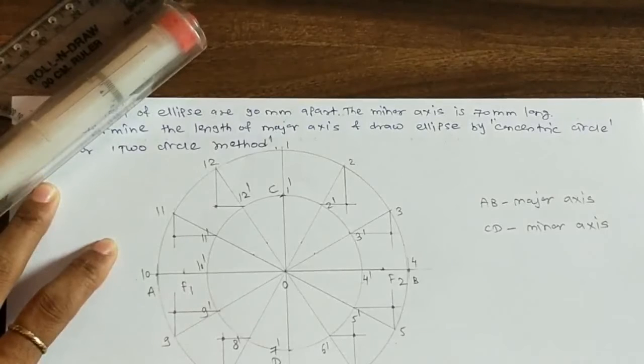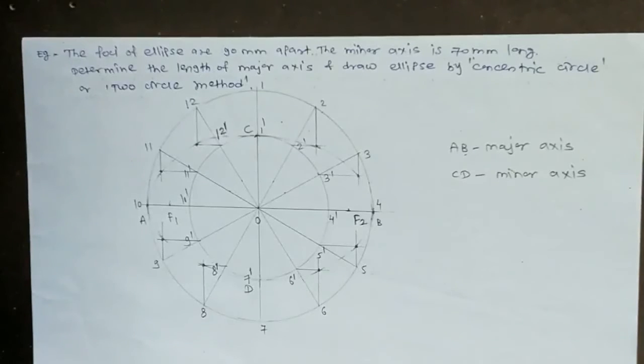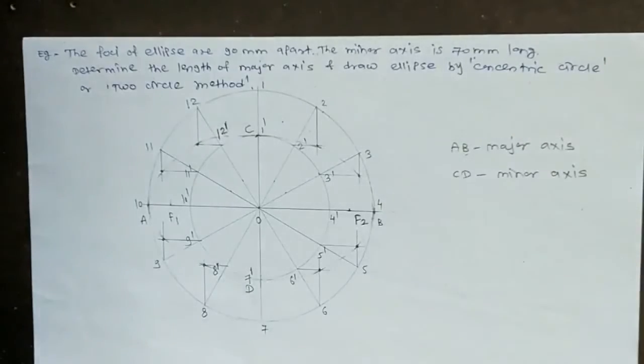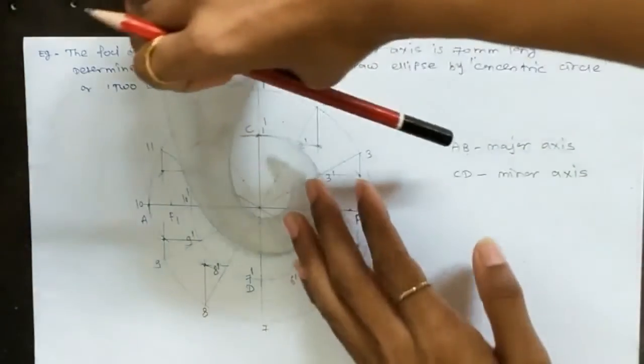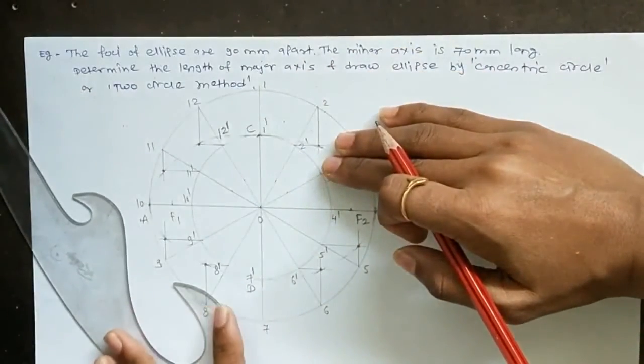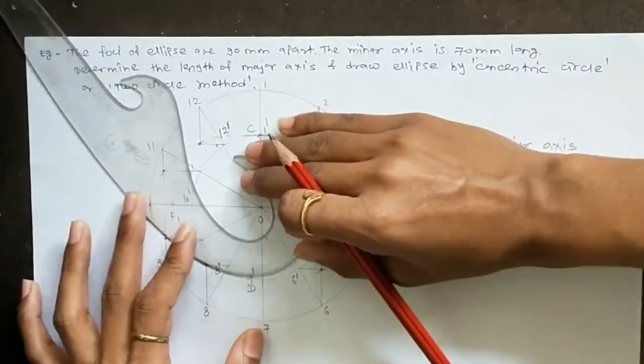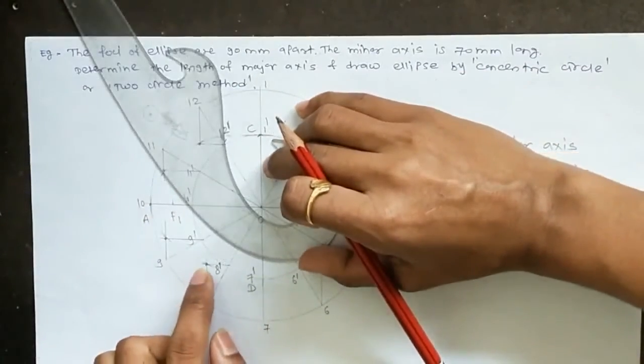The next task is to draw the ellipse with the help of a French curve. I will start from point D. So join D to this point.